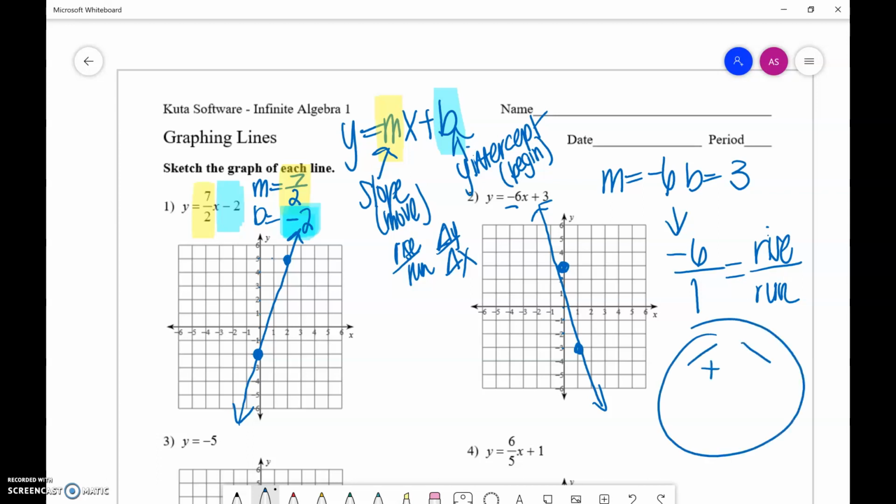Keep in mind our slope guide. So if your slope is positive, that means that your graph is going to go up. So there's nothing wrong with after graphing the line, just see if you are going up, or if it's negative, you're going down.